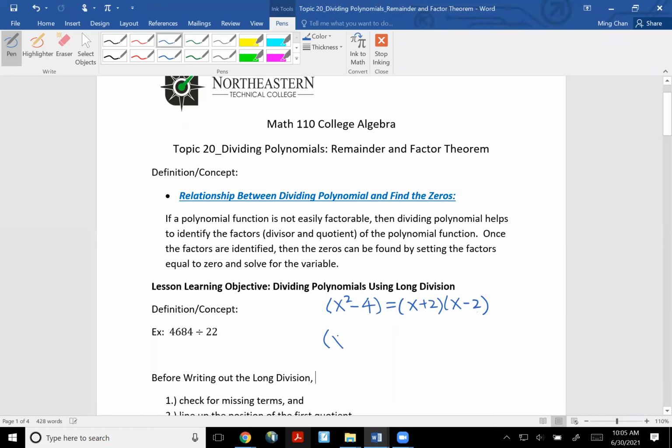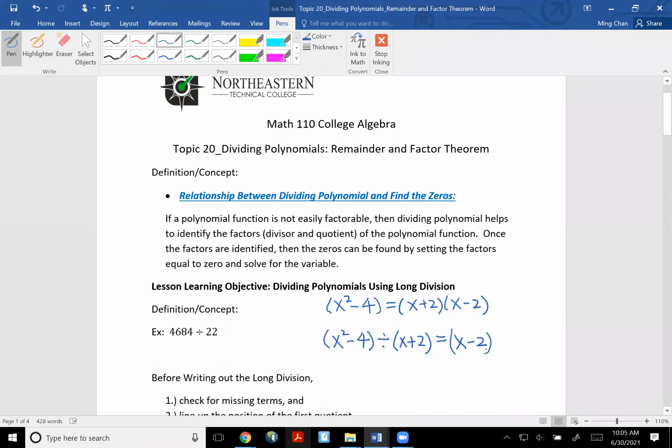So what they're also saying is if I have this polynomial divided by maybe x plus 2, if I take a polynomial divided by its divisor, my answer will simply be x minus 2. So the relationship between dividing polynomials and finding the zero is if I have a polynomial that I don't know how to factor, maybe I go through some sort of division.